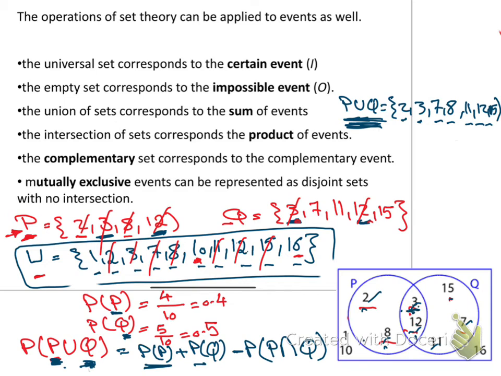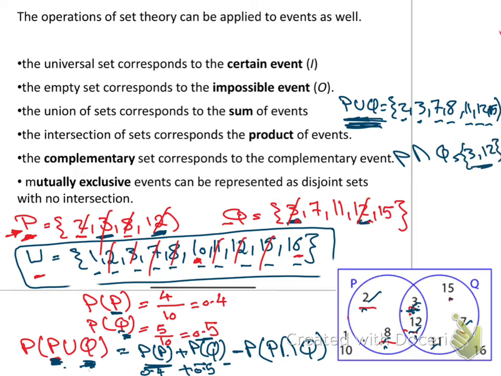So here 0.4 plus the probability of Q 0.5, right? Minus the probability of P intersect Q, P intersect Q equals 3 and 12 only.